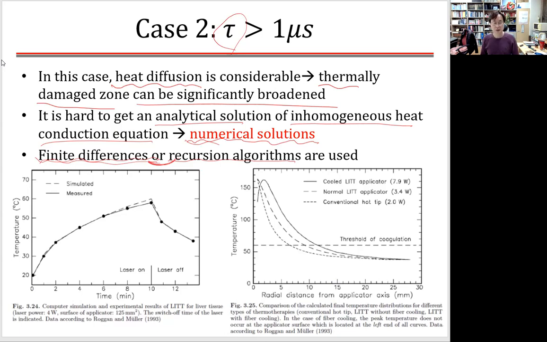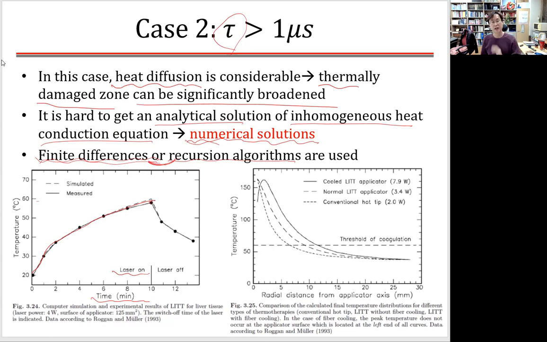So here you can see an example. It's very long: the laser is on for 10 minutes, and you can see the temperature rising up to close to 60 degrees Celsius, enough to cause the surrounding tissue to coagulate.